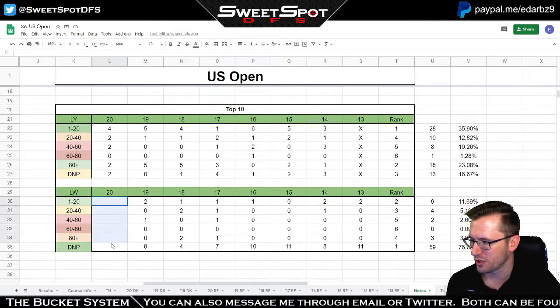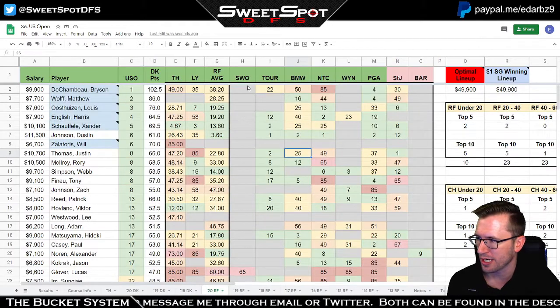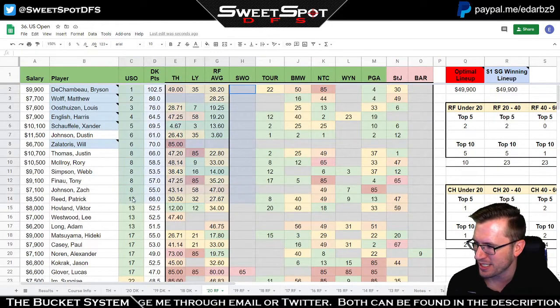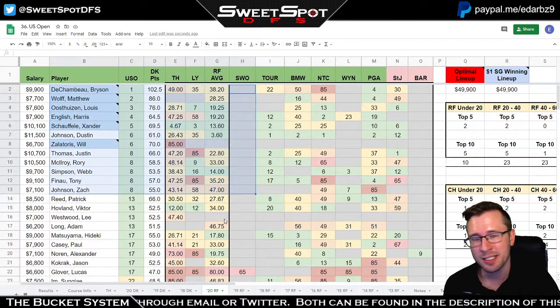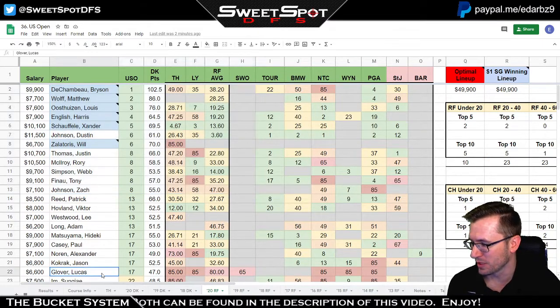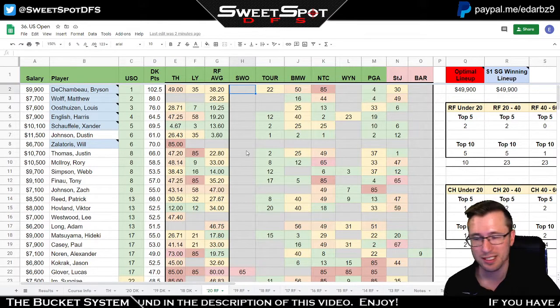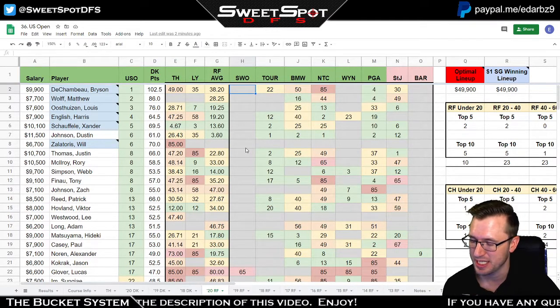Likewise, I'm not going to do the last week bucket again just to save time, but if we went here and look at everybody that finished inside the top 10, not a single person who finished inside the top 10 played the week before. So obviously Lucas Glover finished 65th at the Safeway Open, but the rest of the guys in the top 10 did not play.